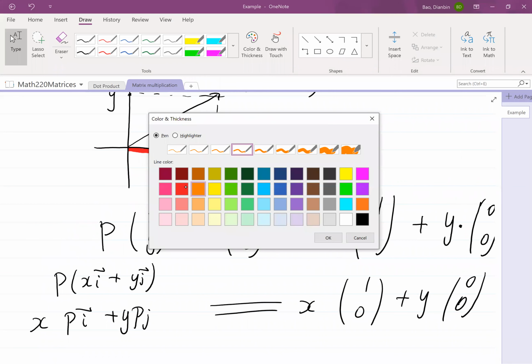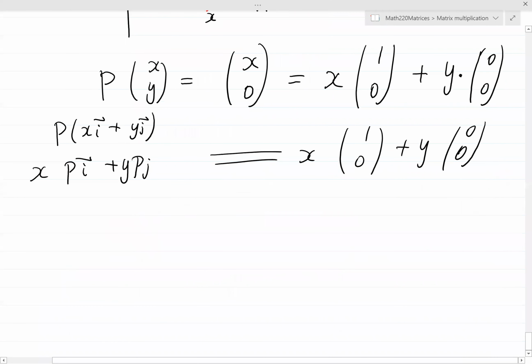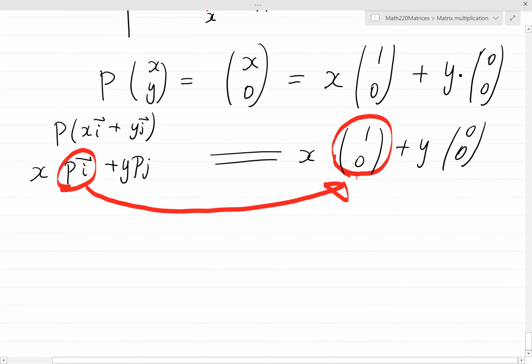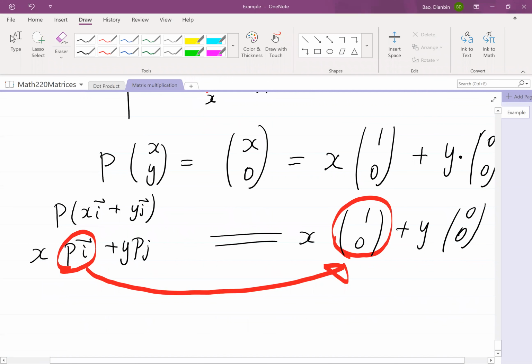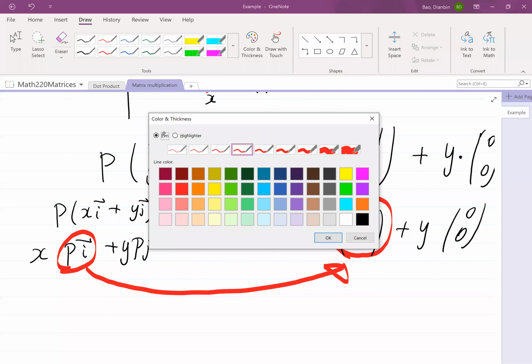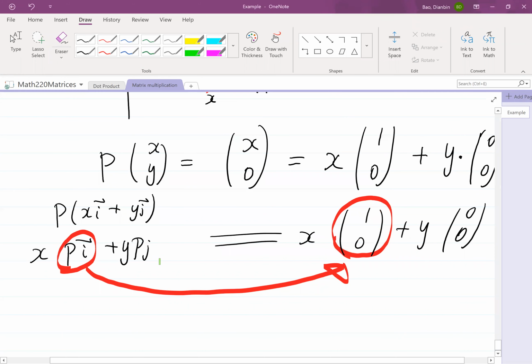By comparing these coefficients, you see x P i gives us that, and then what do you get for P times j? P times j goes to the zero vector.